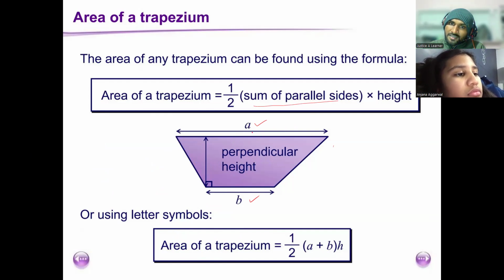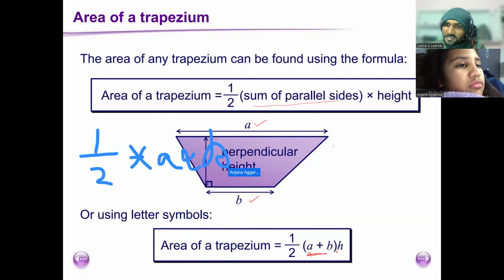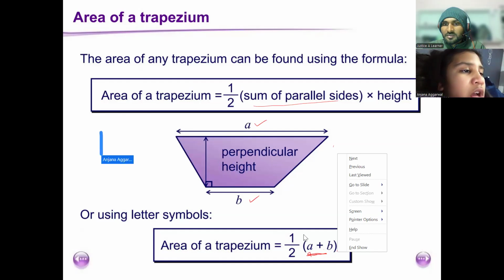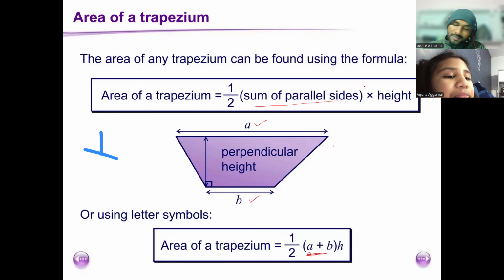So parallel sides A plus B. Look, this is the formula now: half multiplied with A plus B, and then there is no symbol, so it means multiplication, right? I just explained it earlier. So half into A plus B into H, height. Did you get that?